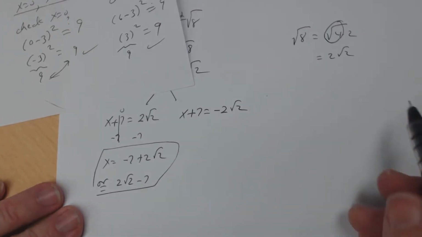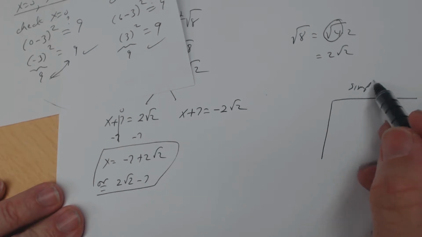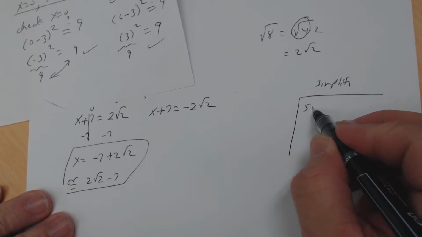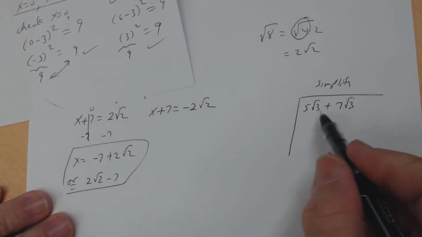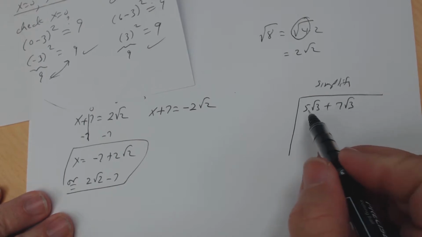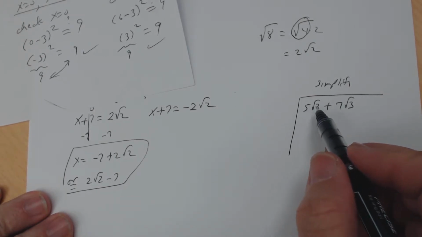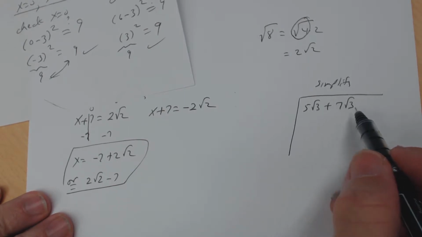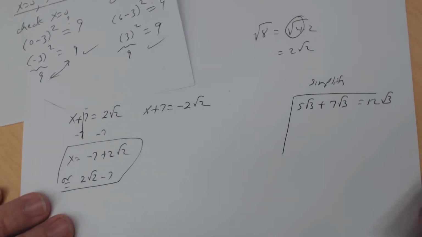All right, if I asked you to simplify, let's say, 5 square root of 3 plus 7 square root of 3, then those are like terms because they both have square root of 3 in them. It's kind of like saying 5x plus 7x. So 5 square root of 3 plus 7 square root of 3 will be 12 square root of 3.